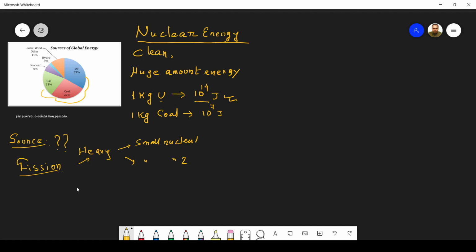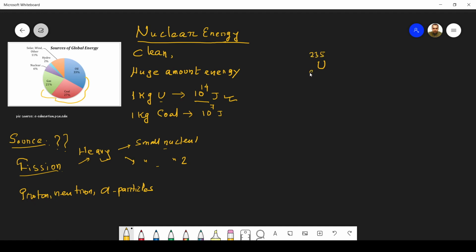We break them by sources like protons, neutrons, or alpha particles, which are predominantly used to break such a heavy nucleus and to obtain smaller nuclei. So a nuclear reaction is conducted. One very widely used source is uranium.